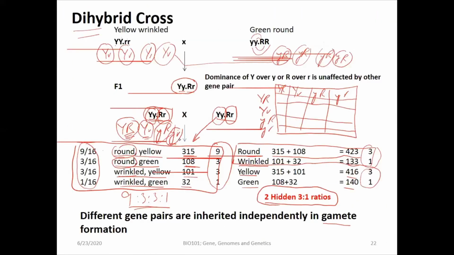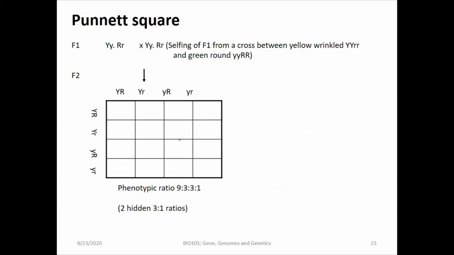So through this checkerboard, these are the gametes of F1 heterozygous. 4 different gametes of F1 heterozygous, and we got 9:3:3:1 phenotypic ratios.